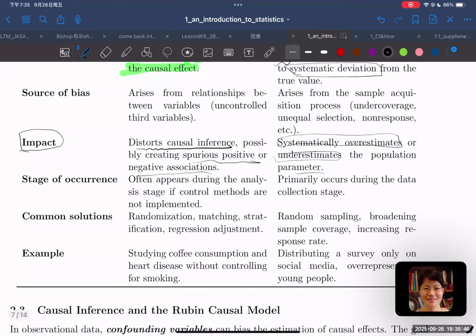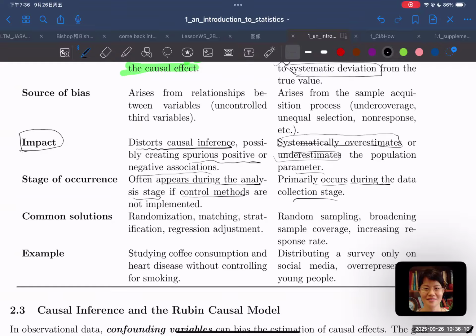And then for the stage of occurrence, confounding often occurs during the analysis stage if control methods are not implemented. However, sampling bias primarily occurs during data collection. So for these two, if you want to prevent them, you have to start at different timings.